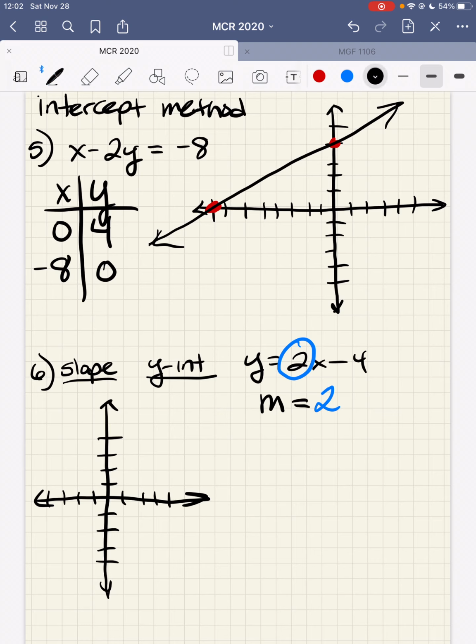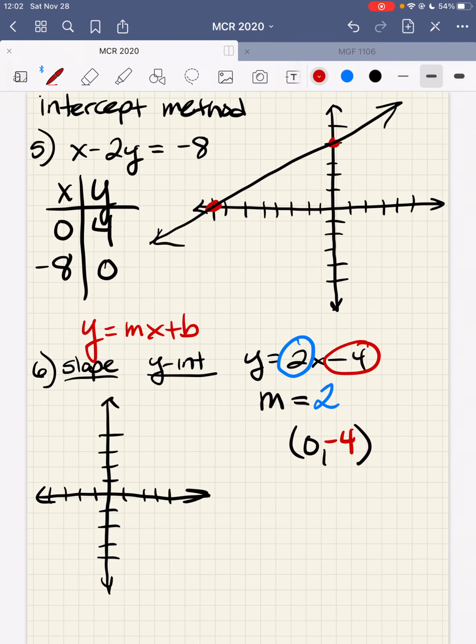My y-intercept is in the form of 0, and some value y, and that value is going to be negative 4. Because the plus is part of the formula y equals mx plus b, when it's a minus, that negative has to go along with it. I'm going to start off by plotting 0, negative 4.